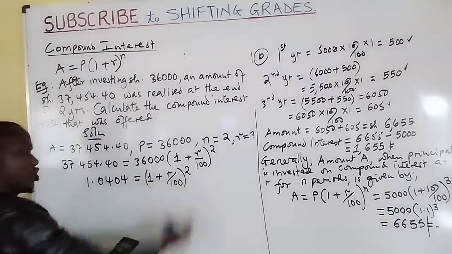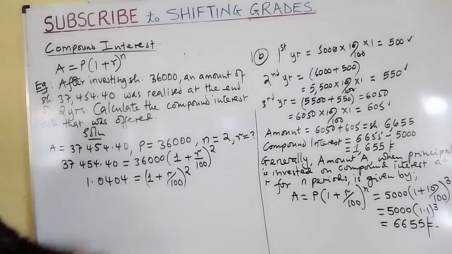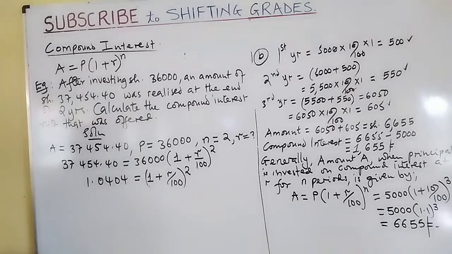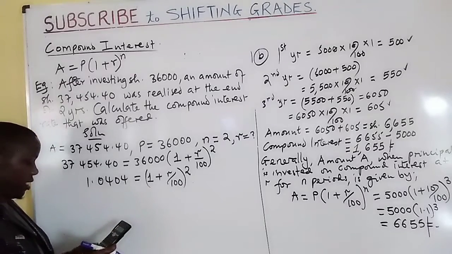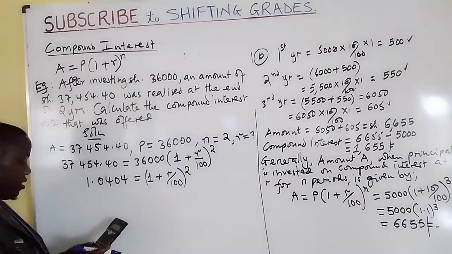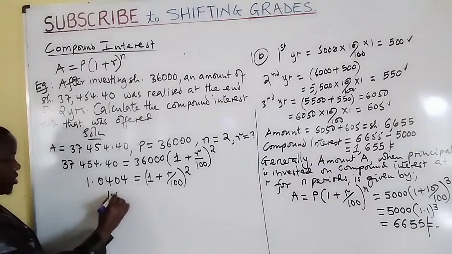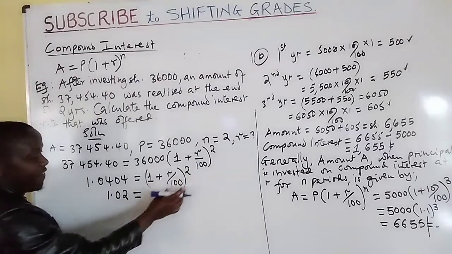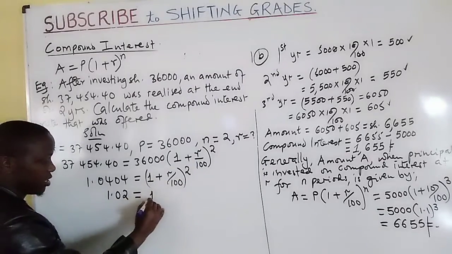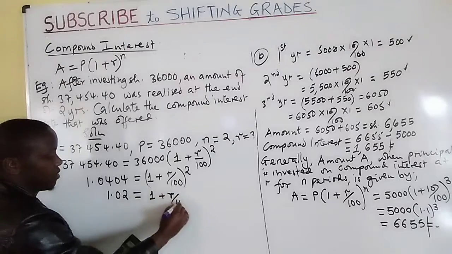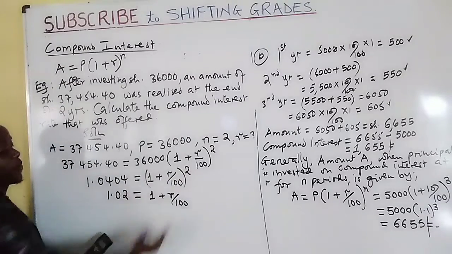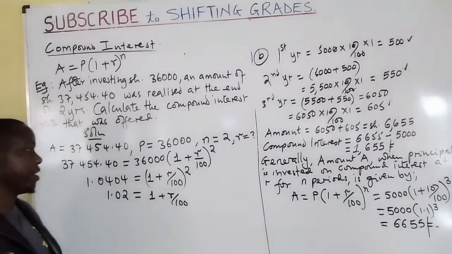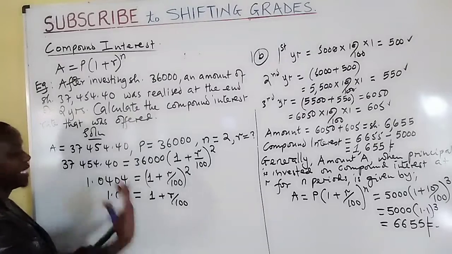Because we have a square here, to do away with the square we take the square root of both sides. The square root of 1.0404 will be 1.02, equal to 1 plus r over 100. When we take the square root of a power, we just halve it, and 2 divided by 2 becomes 1, so this remains itself.